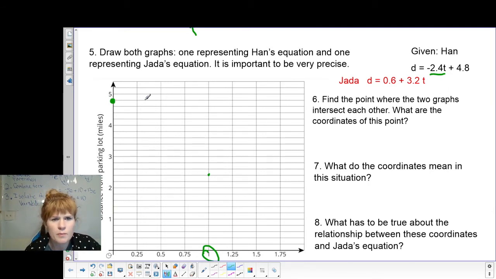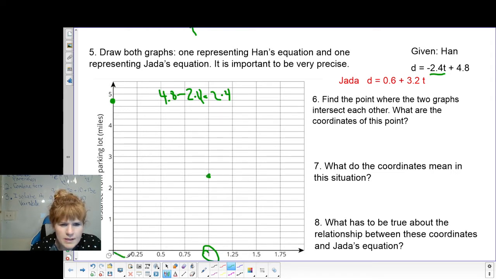This is 4.8. So if you go down 2.4, then that's minus 2.4. And the answer is 2.4. So 4.8 minus 2.4 equals 2.4. So here is 2.4, 1. Here's another thing to point out.